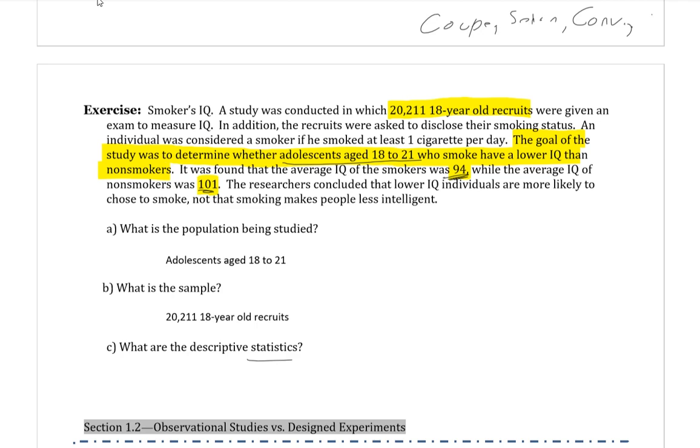So those are my two descriptive statistics: 94 IQ for smokers and 101 IQ for non-smokers. Those are the statistics that describe the sample that was gathered.